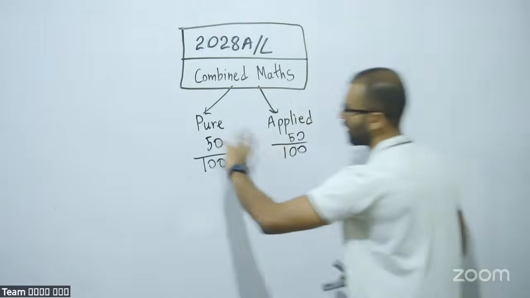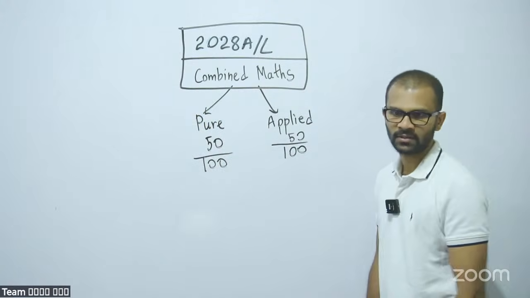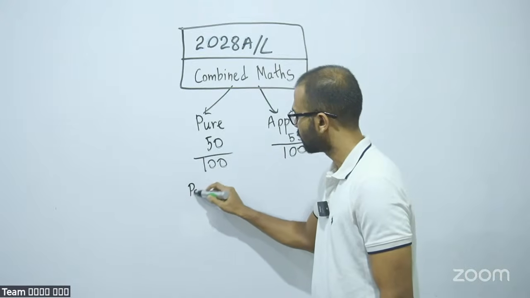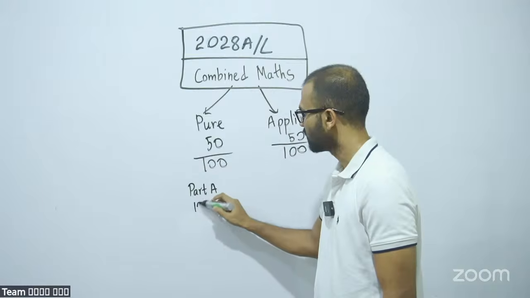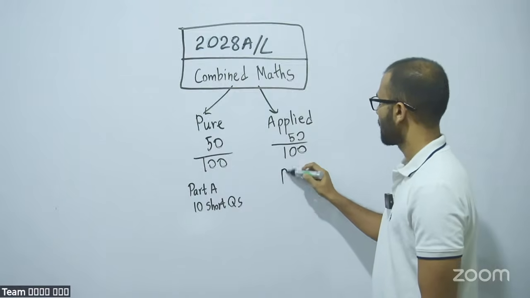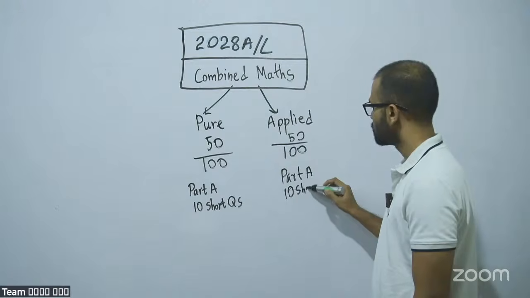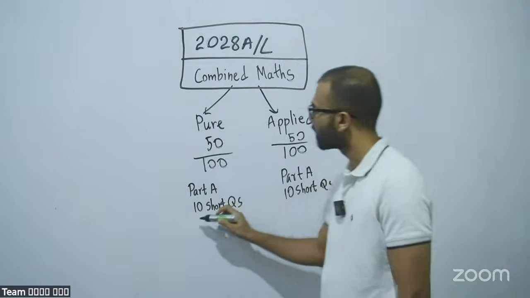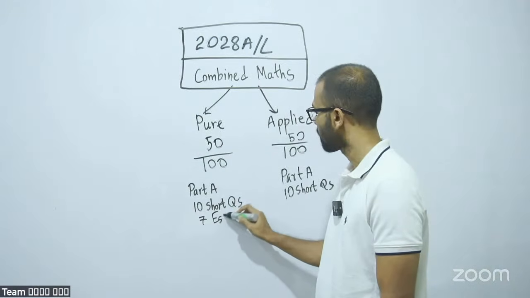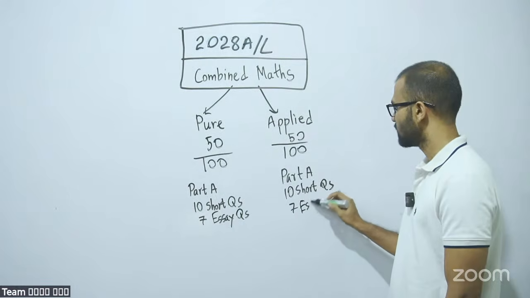Now we have half of the mark for pure mathematics and half for applied mathematics. That's the scenario. So this paper, we have two parts. Part A, 10 short questions. Even for applied mathematics, we have two parts. 10 short questions, and there are 7 essay questions. And 7 essay questions.